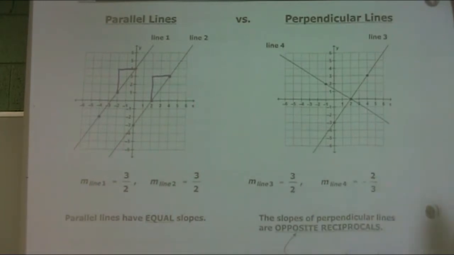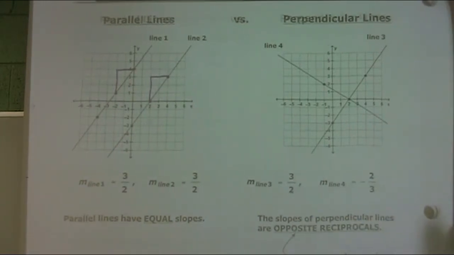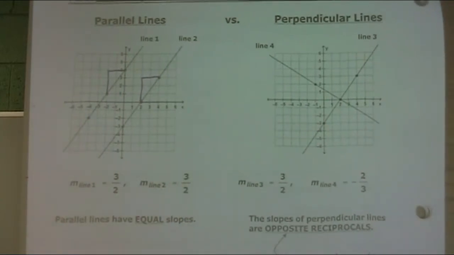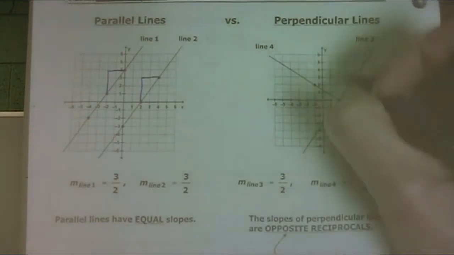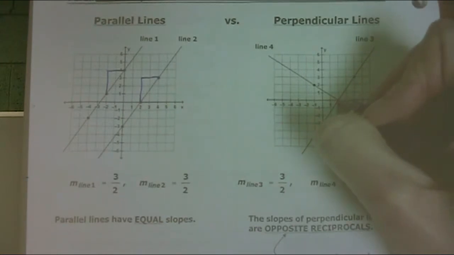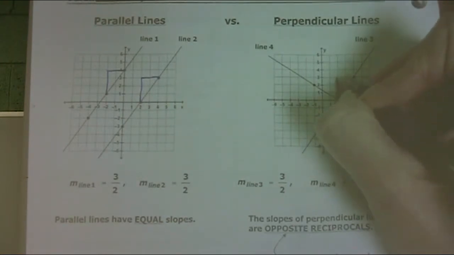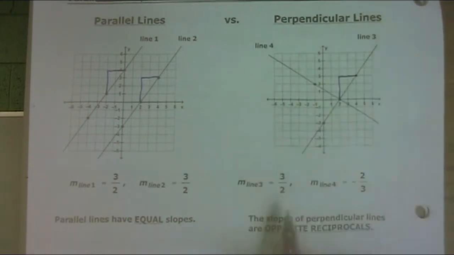Now, perpendicular lines. We have a picture of perpendicular lines here, and they're not going to have the same slopes, but the slopes are related. So first of all, let's look at line 3. As we look at line 3 and calculate the slope as rise over run, I'm going up 3 and over 2. So the slope is 3 over 2. Line 4 is perpendicular to line 3.